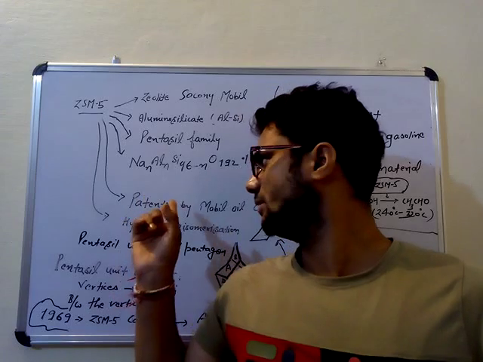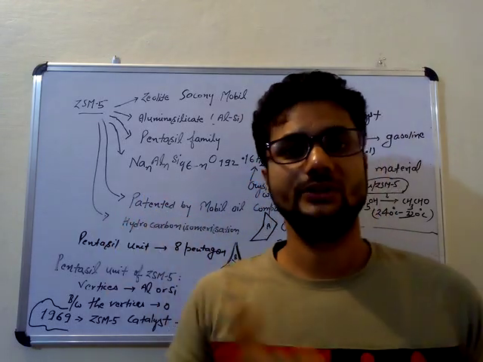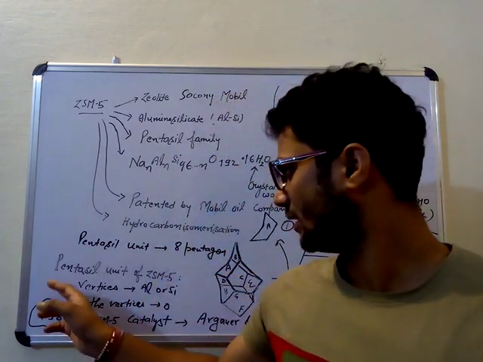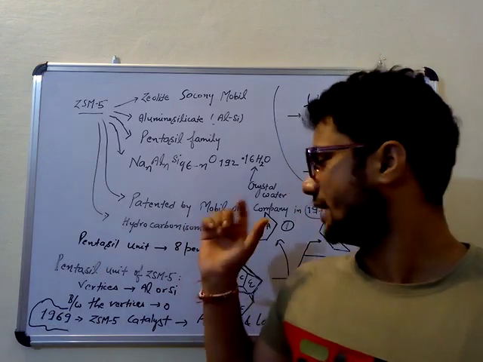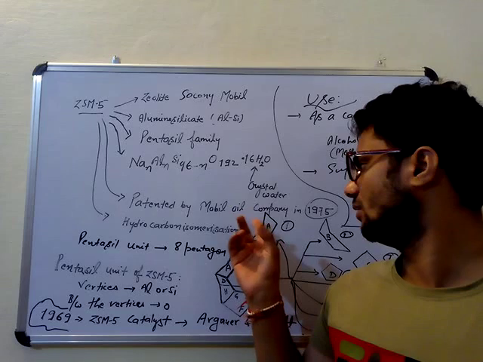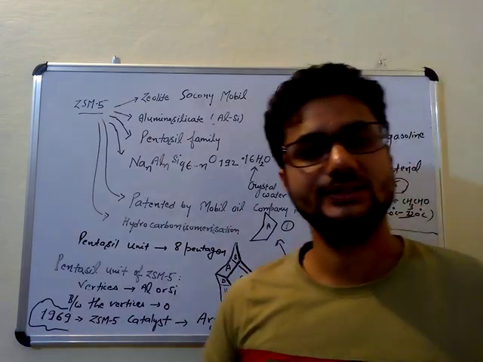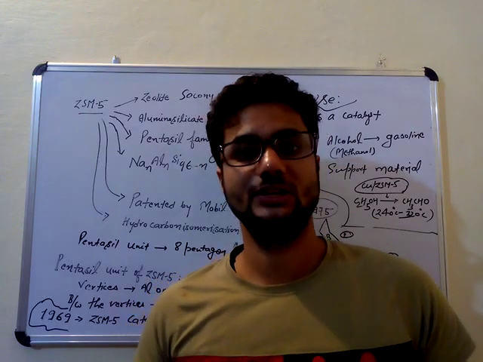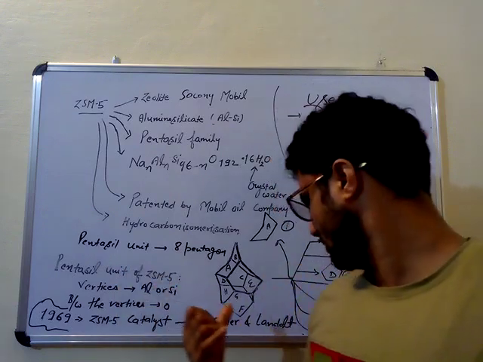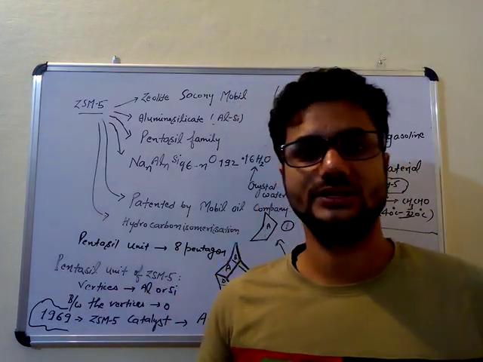It belongs to the pentasil family. Its use is hydrocarbon isomerization, and it was patented in 1975 by Mobil Oil Company. ZSM-5 was first used as a catalyst in 1969 by Argauer and Landolt.